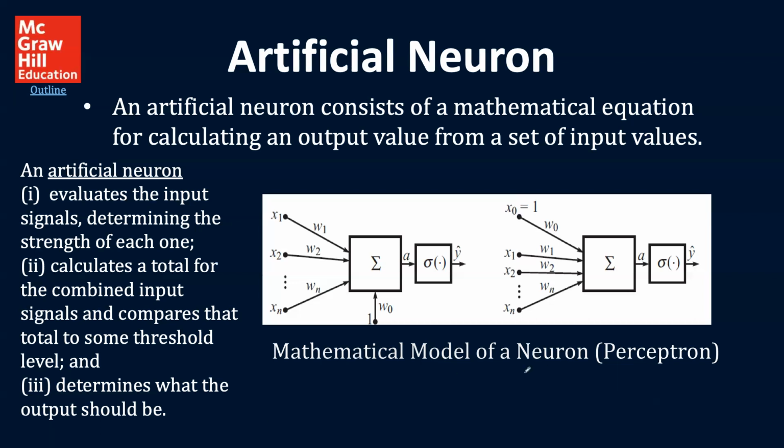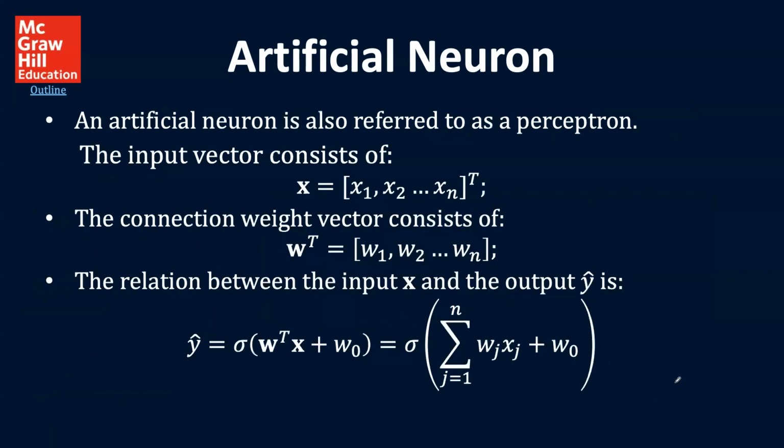So here is a mathematical model of a neuron, also called a perceptron, as you can read about in the text. For this artificial neuron or perceptron, we have an input array of features. The connection weight vector consists of the weights.